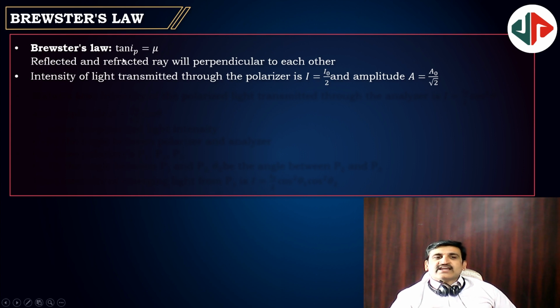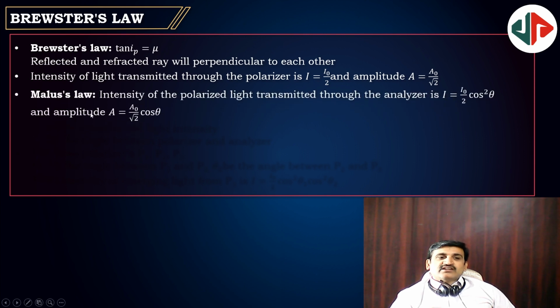Tan i p is equal to mu. And intensity of light transmitted through the polarizer is I equal to I naught by 2. Polarizers usually make the intensity half, and our eye cannot detect polarized or non-polarized light. It feels that only the intensity became half. That's it. Amplitude becomes 1 by root 2.